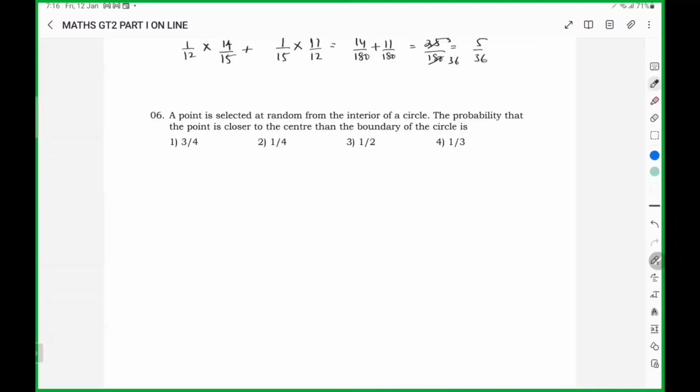Here a point is selected at random from the interior of a circle. The probability that the point is closer to the center.